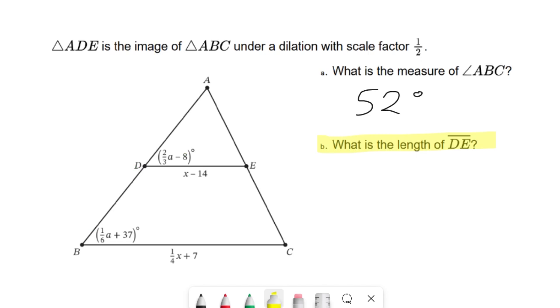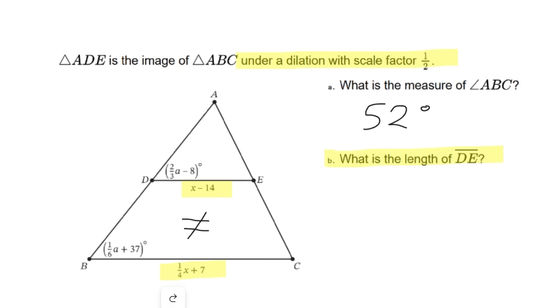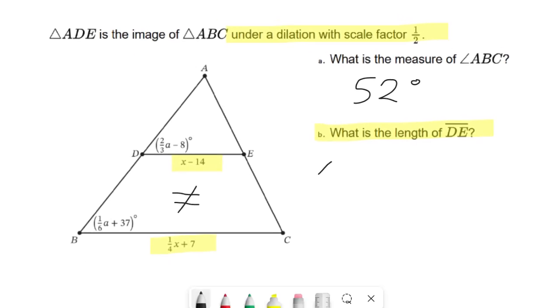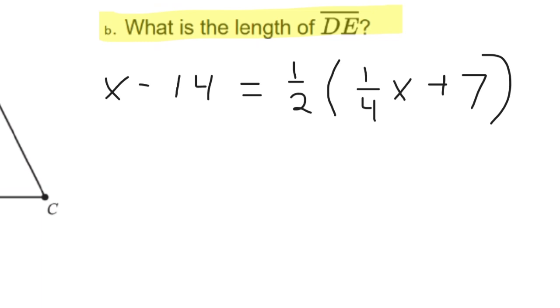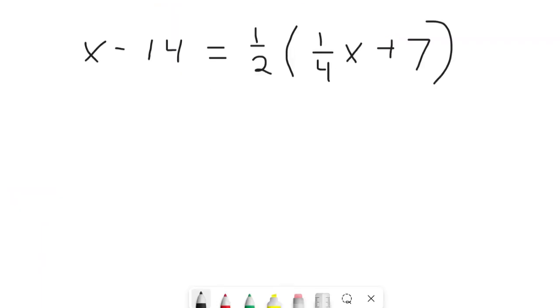For part B, we're going to solve for x, which we have two sides. We have x minus 14, and we are going to set it equal to 1/4 x plus 7. The only problem is these two are not equal to each other. x minus 14 is actually 1/2 of 1/4 x plus 7, because there's a scale factor of 1/2.